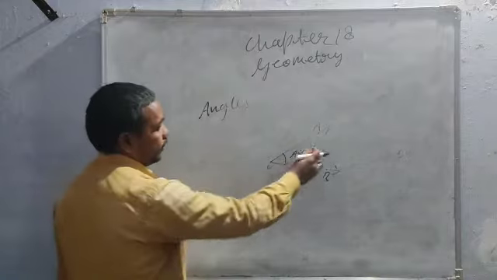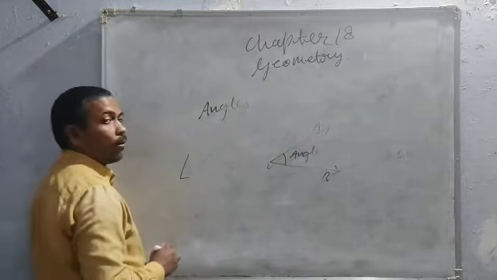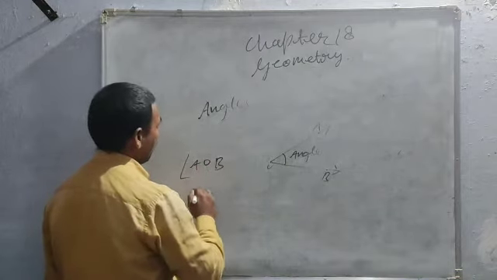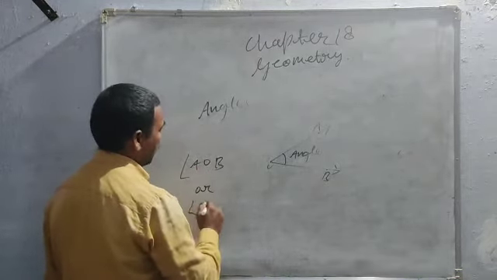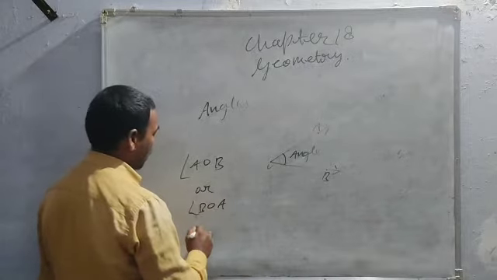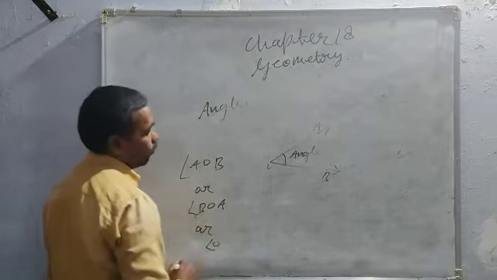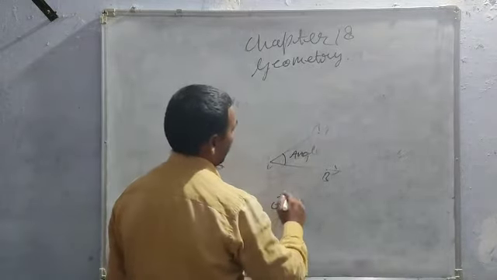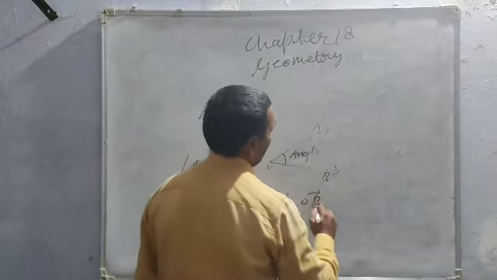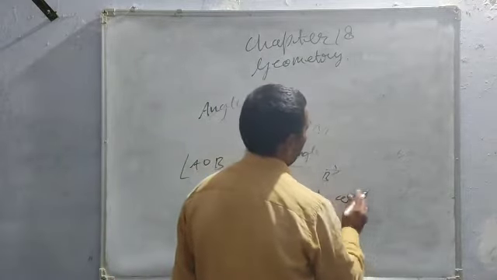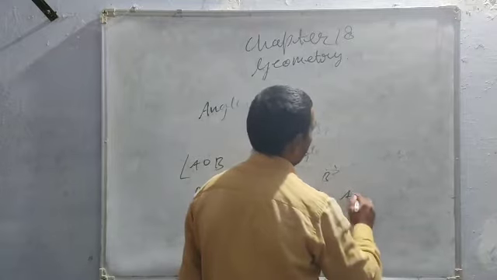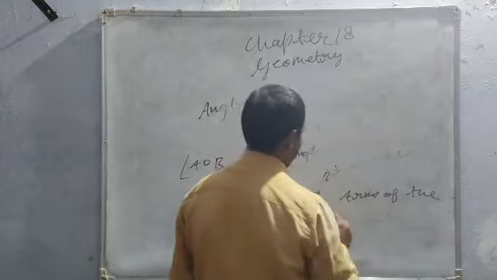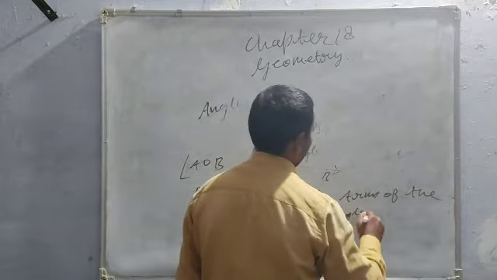And how to read the name of this angle? This is the symbol of angle. Suppose you want to read this name, you can read angle AOB, or angle BOA, or single letter, angle O. And here OA and OB are known as arms of the angle.